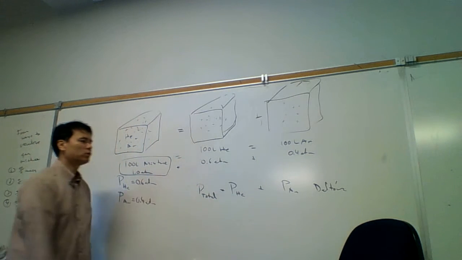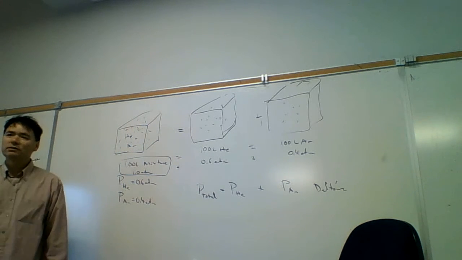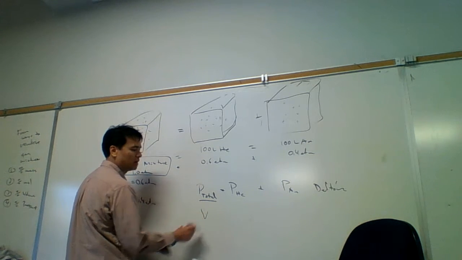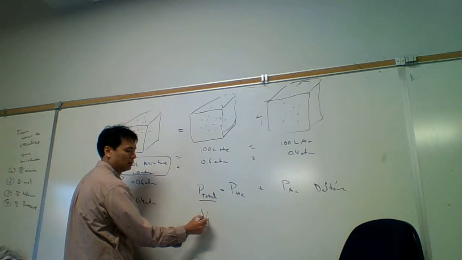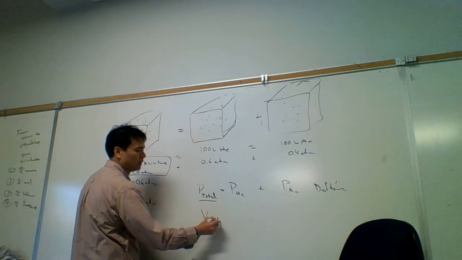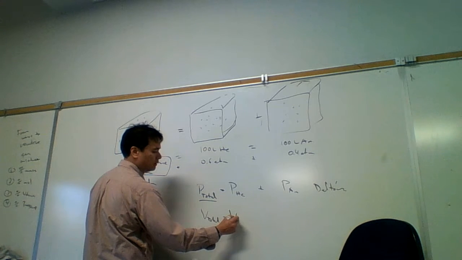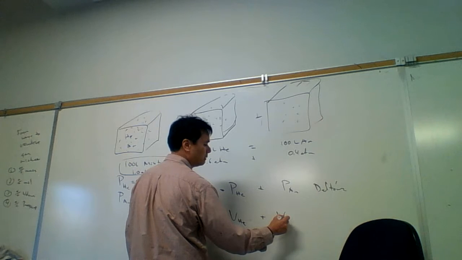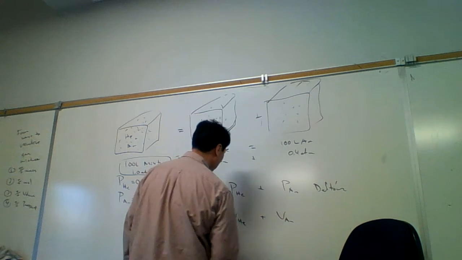But we also have the choice of Avogadro's. If we use Avogadro's, then I don't say the pressure. Instead, I'd say that the total volume is equal to the volume of the helium plus the volume of the argon.